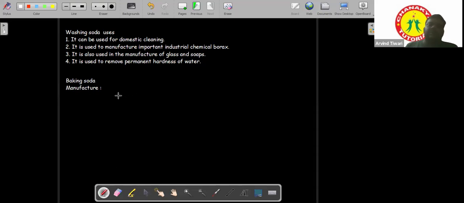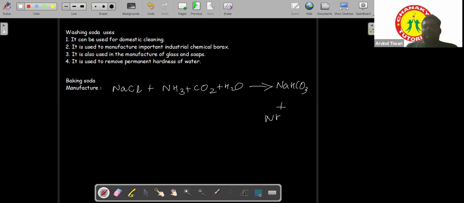Baking soda will be manufactured by the chemical sodium chloride plus ammonia plus carbon dioxide plus water. So all these four chemicals are reacted together to form baking soda, NaHCO3, and ammonium chloride, NH4Cl. So your NaHCO3 is the baking soda.